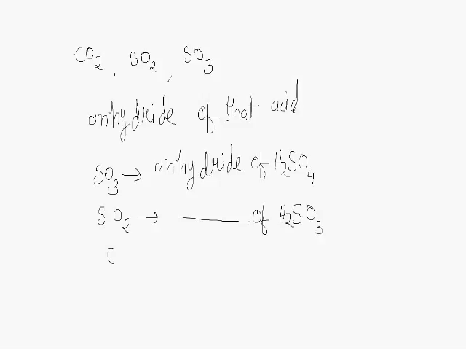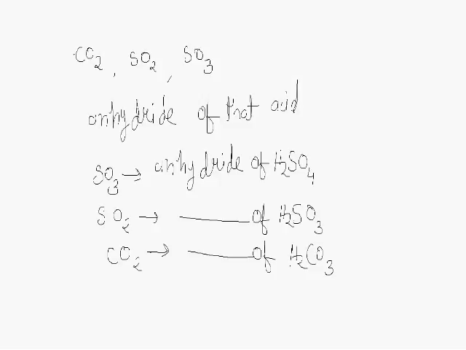And carbon dioxide CO2 is the anhydride of carbonic acid, that is H2CO3. Basically, anhydride means removal of H2O from that particular acid.